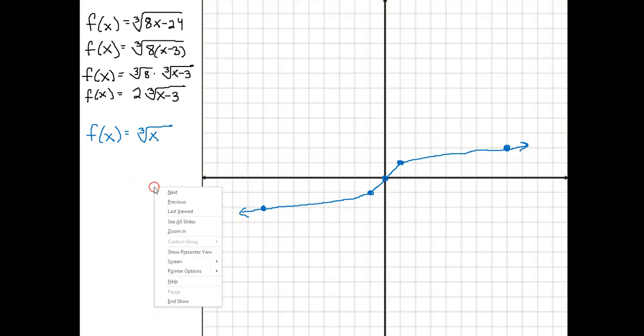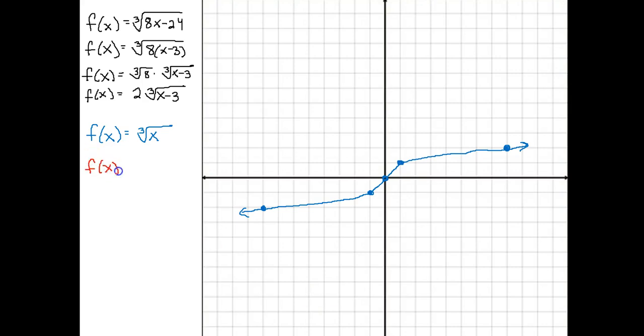Now, as soon as I subtract 3 inside there, that's going to give me a shift to the right. Maybe I'll do red. That's going to shift right 3. So this point goes 1, 2, 3 to the right.